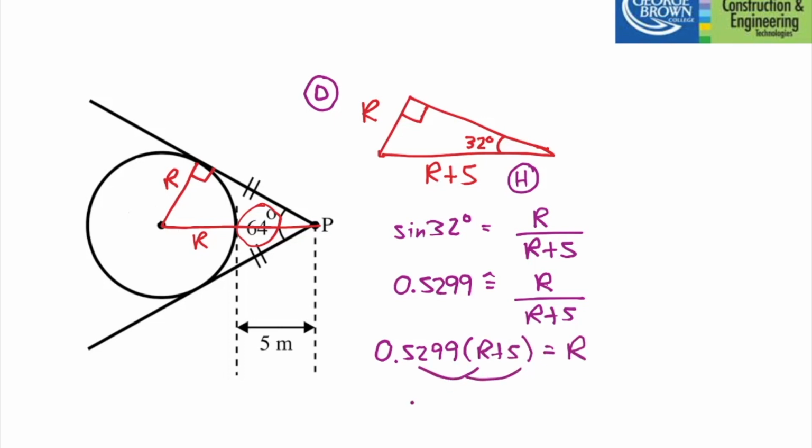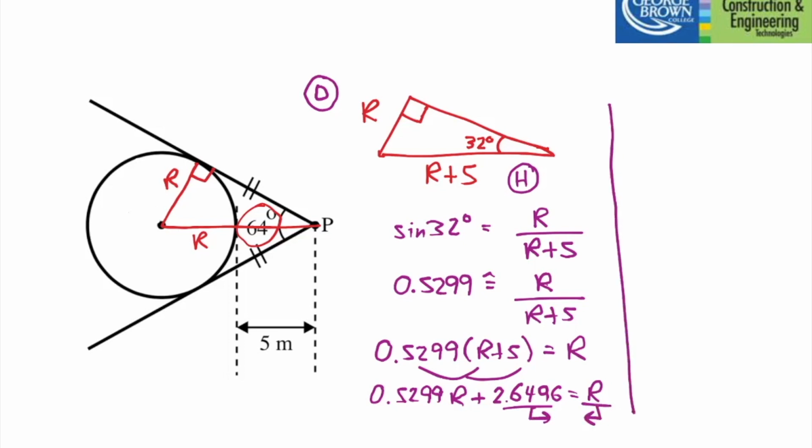So distribute. I was going to leave it for you to try on your own, but I guess I'm going to write it now. Actually, I think you can finish this one off. So I'm going to take this number here and move it to the right. I'll take this quantity R, move it to the left, and simplify by collecting the like terms.